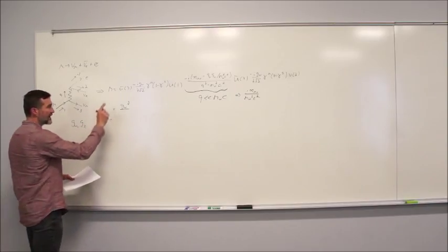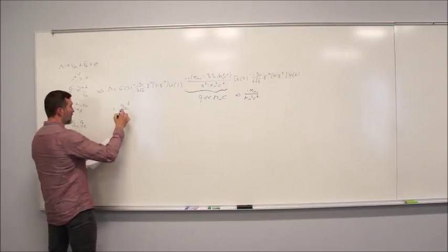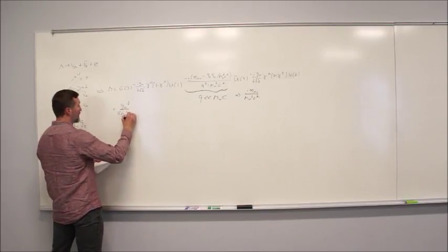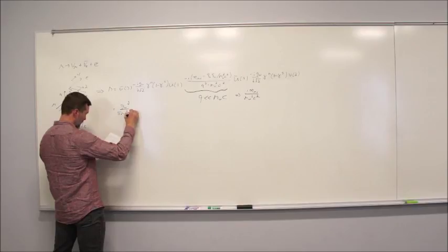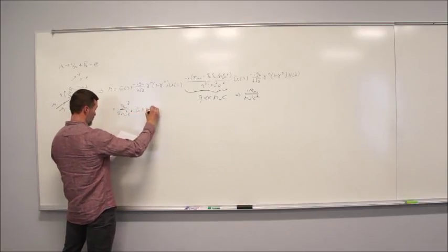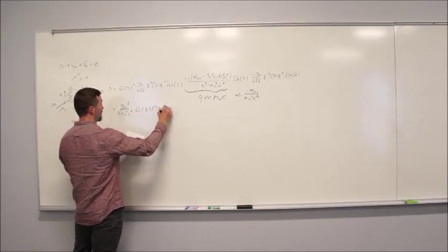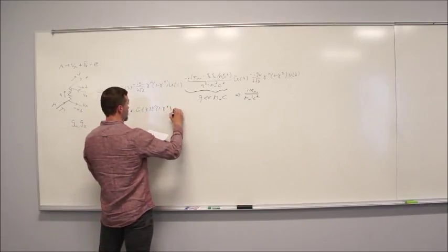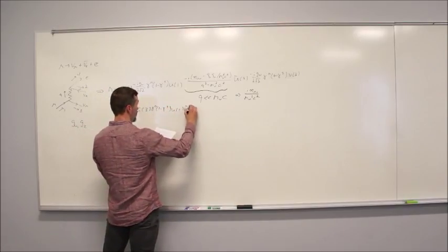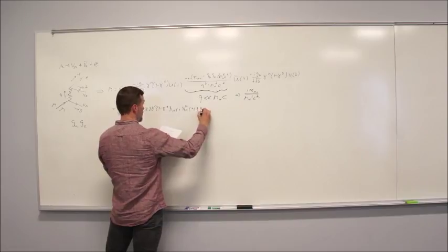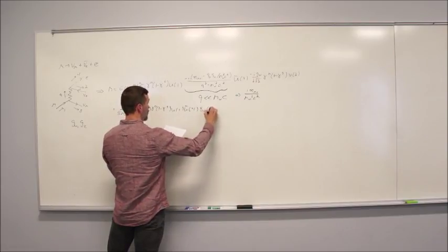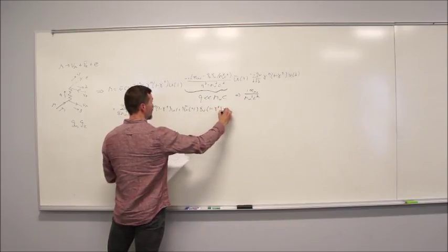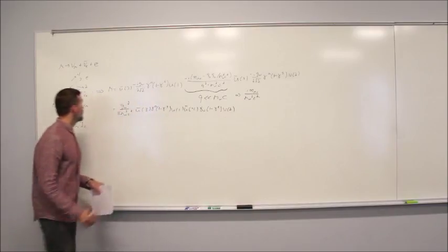So I have in mind a specific g_W here, over 8 M_W squared c squared, u-bar 3 gamma mu (1 minus gamma 5) u1 u-bar 4 gamma nu (1 minus gamma 5) v2. Okay? So that's our M.